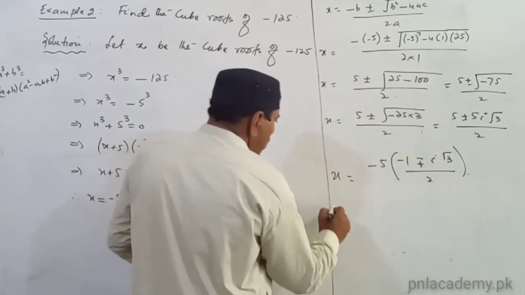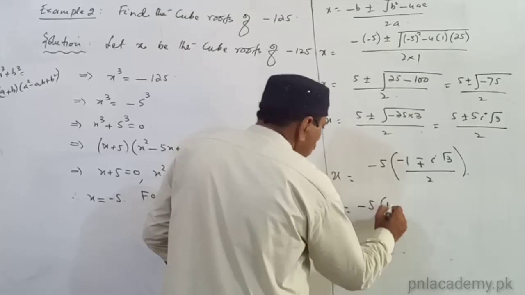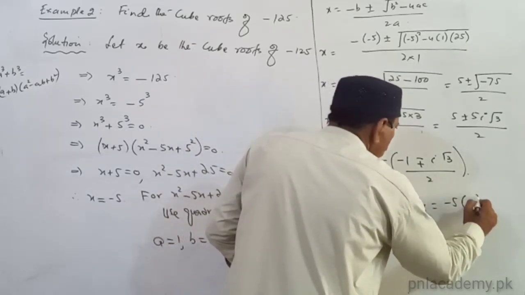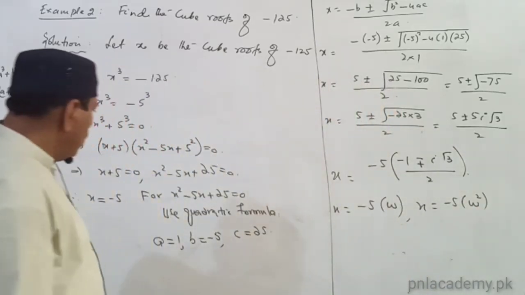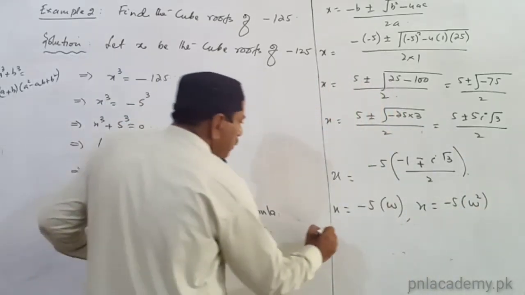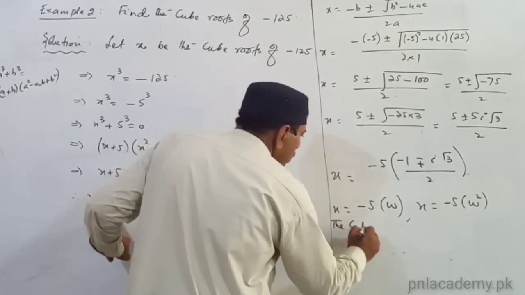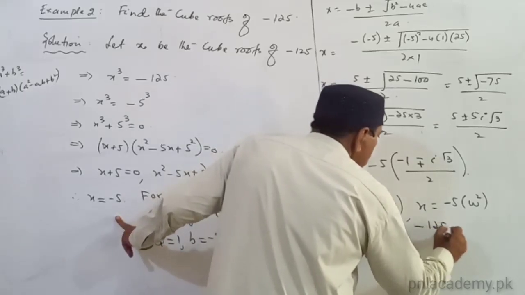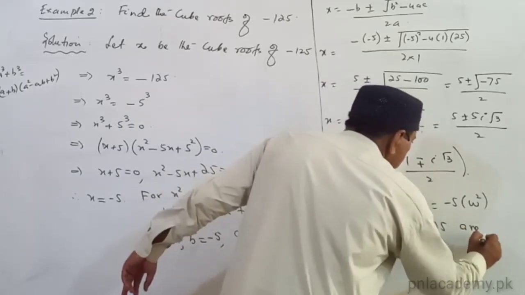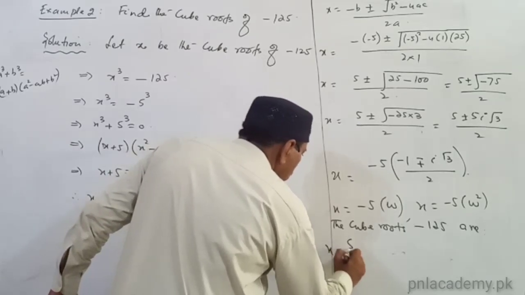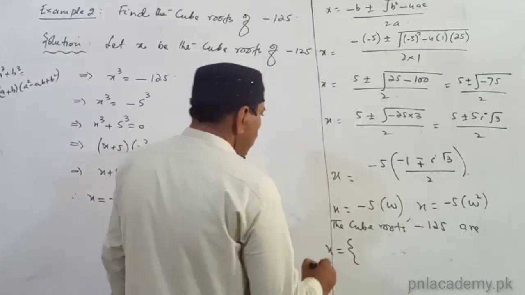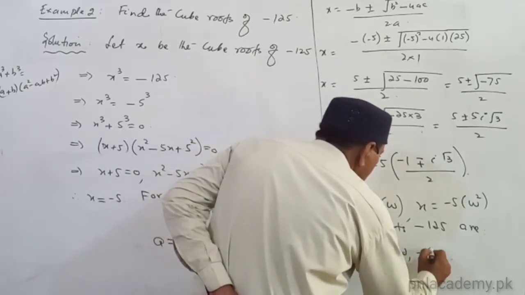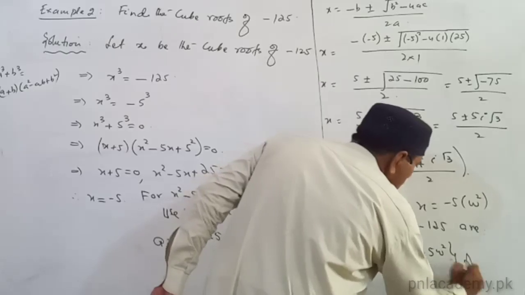So the value of x is equal to minus 5 omega and minus 5 omega square. Therefore, the cube roots of minus 125 are minus 5, minus 5 omega, and minus 5 omega square.